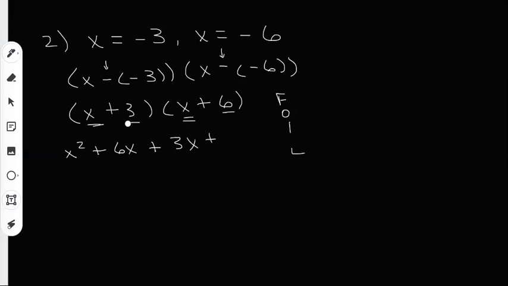And then the last two terms are the two numbers at the end, the 3 and the 6, multiplied to give you 18. The middle two terms add up: 6x plus 3x is 9x. And we bring down the x squared and the positive 18 at the two ends. And we're done.